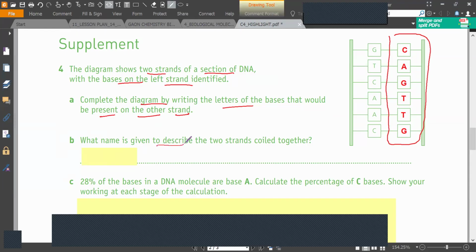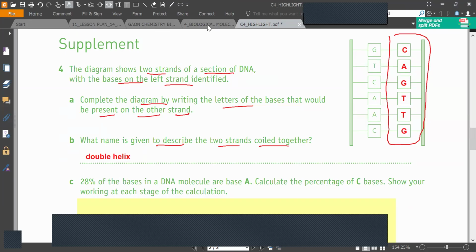Next, what is the name given to describe two strands coiled together? You can try this. DNA. Close. Double helix.